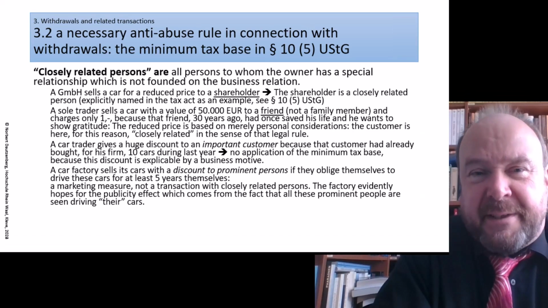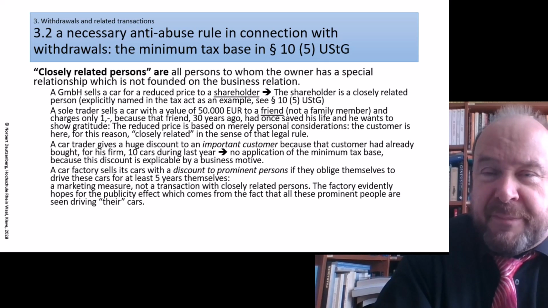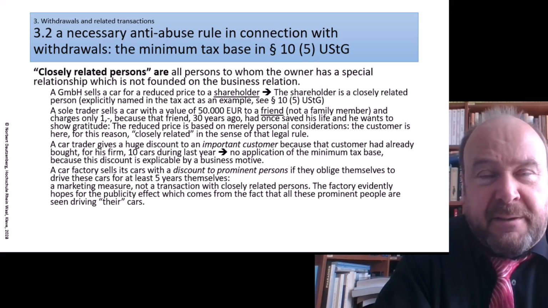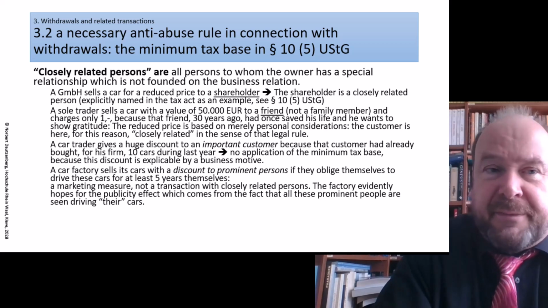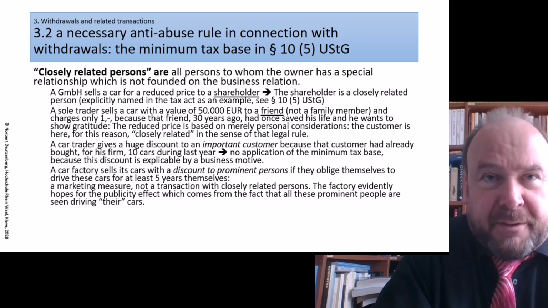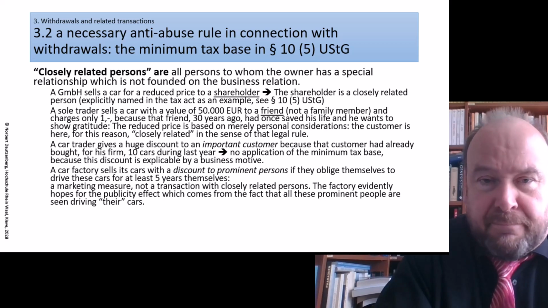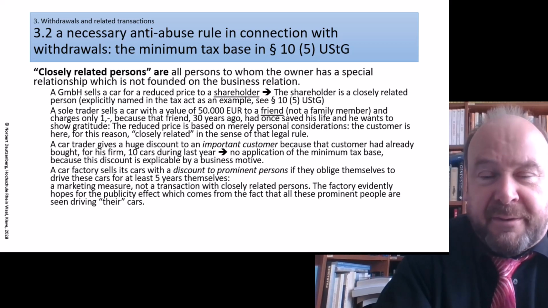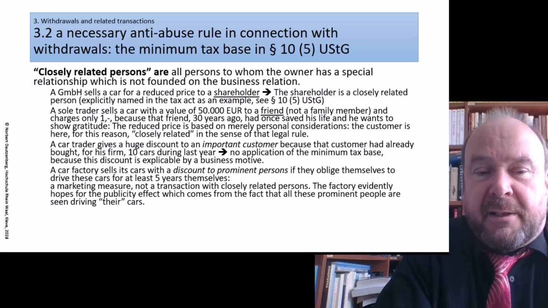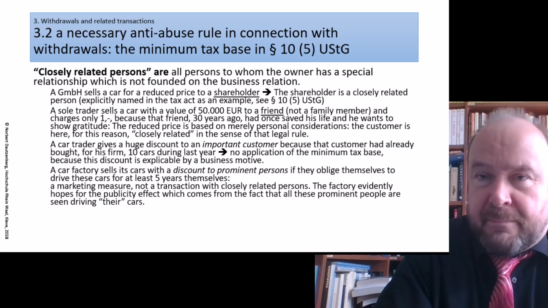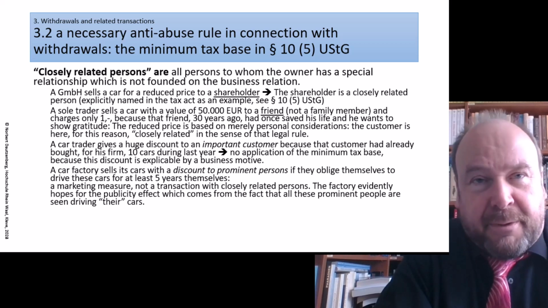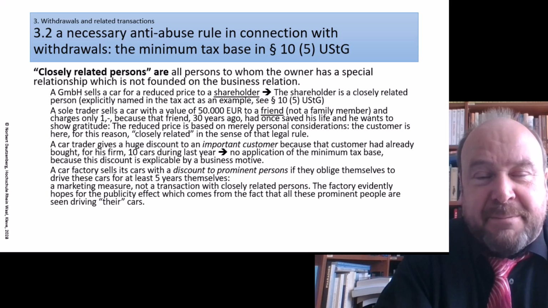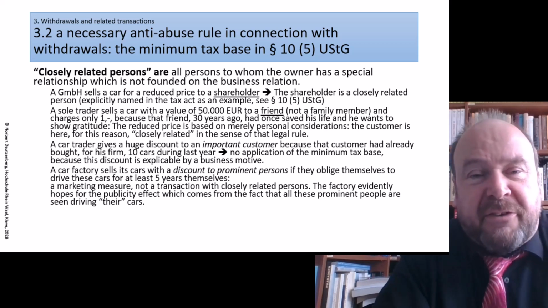So what you basically do is you educate all the public that they see in the course of time that if they want to be important and prominent, their status requires to buy your car and not a car with a different brand. In that case, naturally, this is not a personal favor done to these people, but it's a business strategy. So there will be no correction of that price.